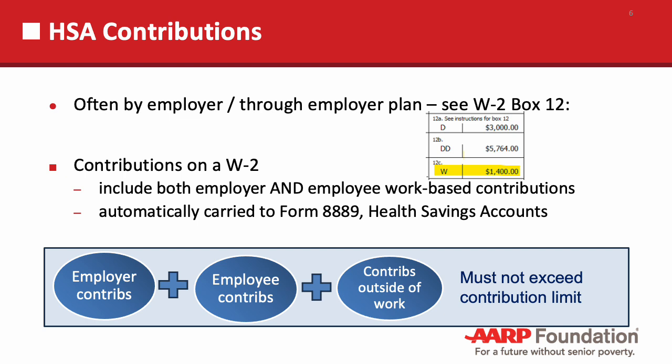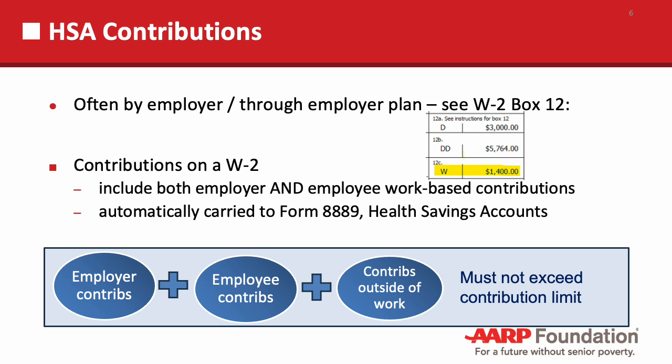Contributions are often made by an employer through an employer plan. You'll see those on a W-2 in box 12. They'll have a code W, and any contributions will automatically carry forward to Form 8889. Now, contributions on a W-2 will include both the employer and the employee contributions.